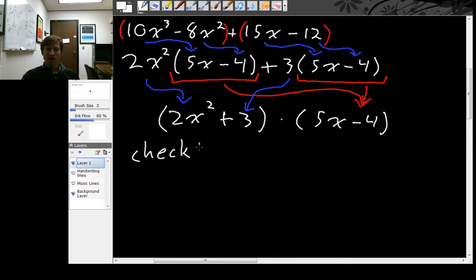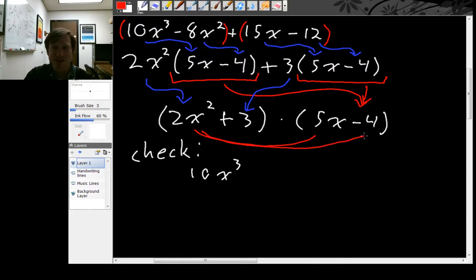where we started. So distributing everything here, let's see, we can do this one times this one, 2x squared times 5x, that's 10x cubed. Looking good so far. Then we can do 2x squared times negative 4. That's negative 8x squared. Looking good. Okay, now we can do 3 times 5x.